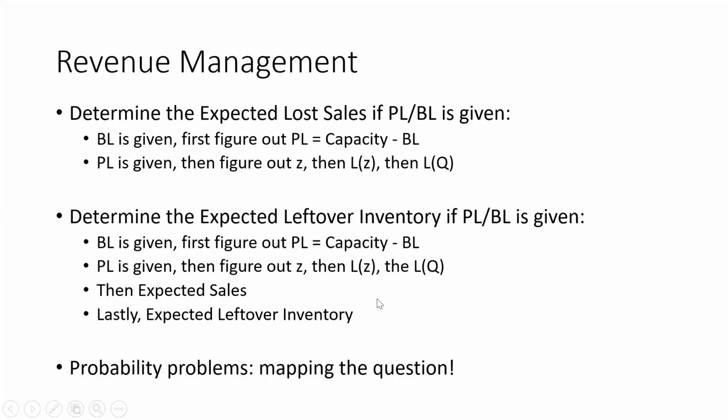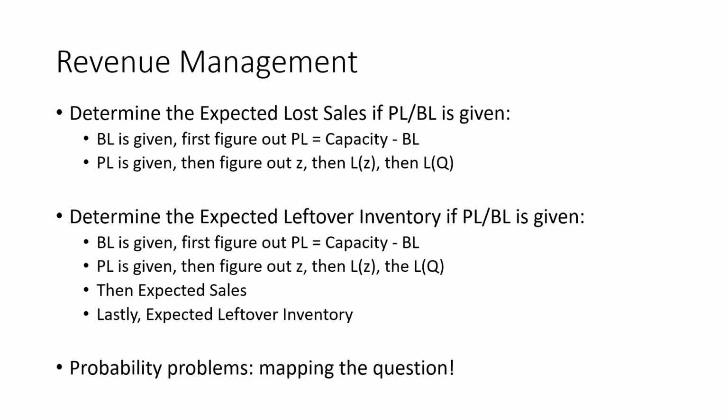Revenue management: determine the expected lost sales if your protection level or booking limit is given. If your booking limit is given, first figure out the protection level. The protection level is equal to capacity minus the booking limit, because protection level plus booking limit is capacity. So you convert from the booking limit to the protection level.